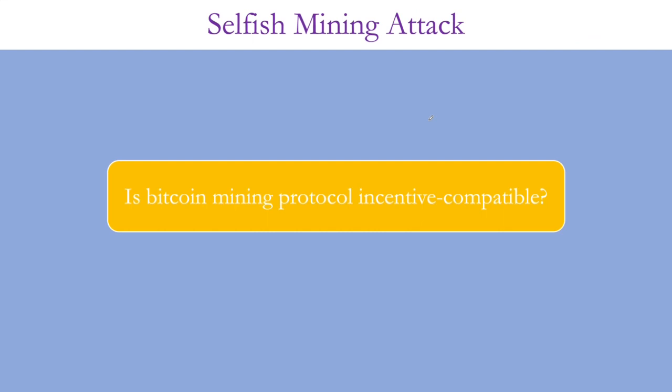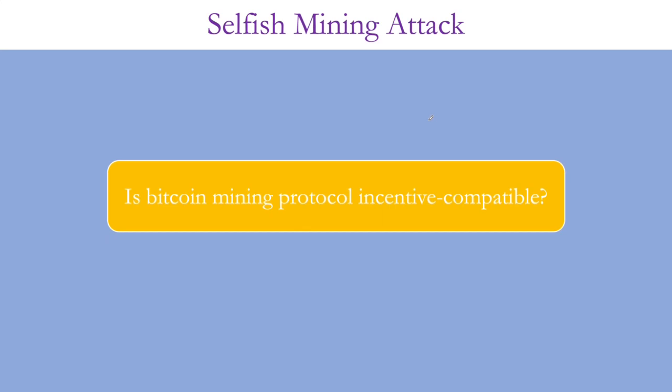But in that pool of miners, some miners may become selfish because it is completely based upon the incentives, right? Reward points. So is the Bitcoin mining protocol incentive compatible or not?